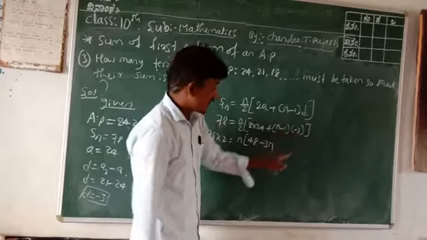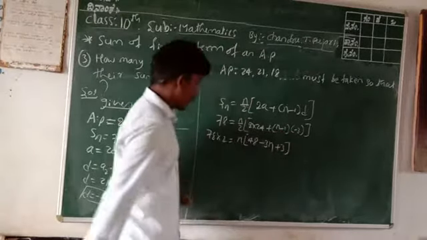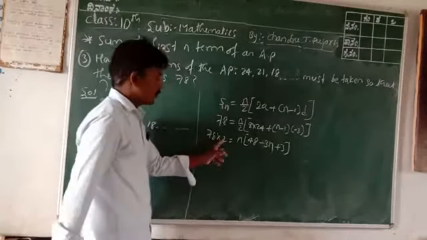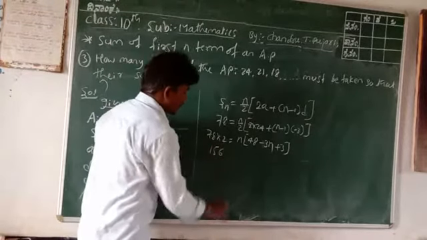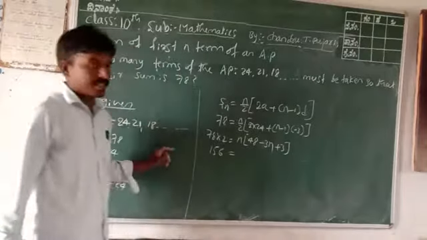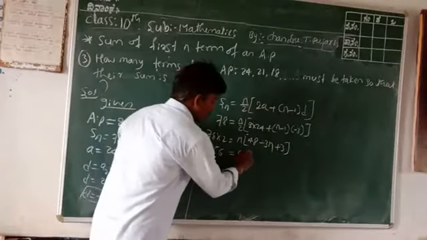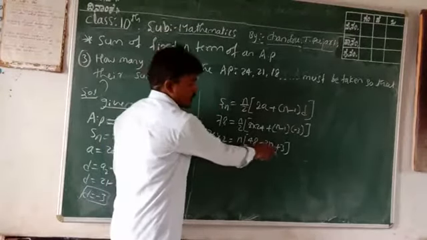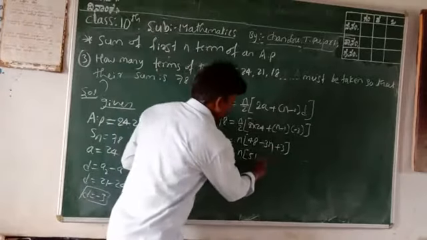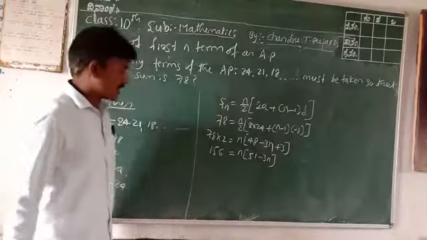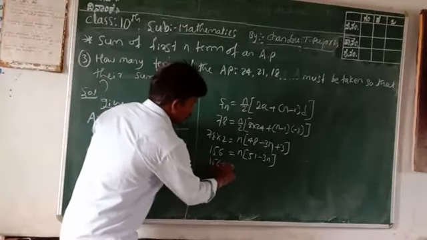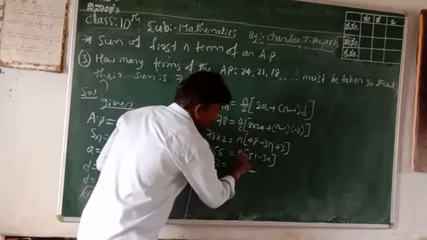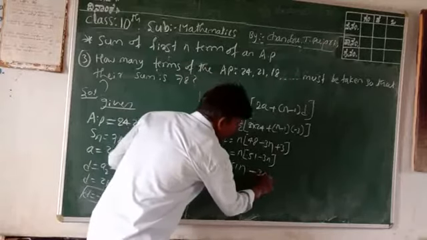Minus 1 into minus 3 is plus 3. 78 into 2 is 156, which is equal to n into bracket of 48 plus 3, that is 51 minus 3n. So 156 is equal to 51n minus 3n square.